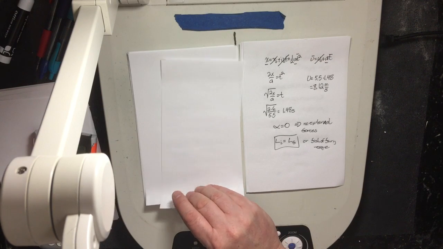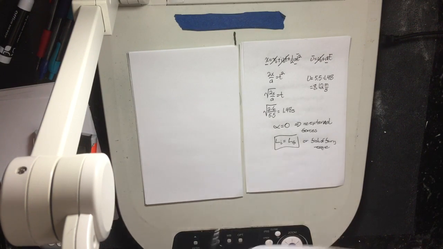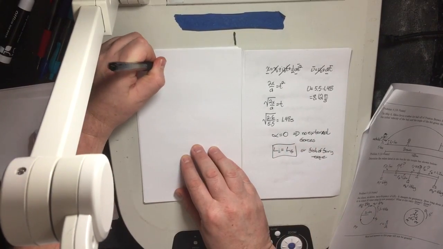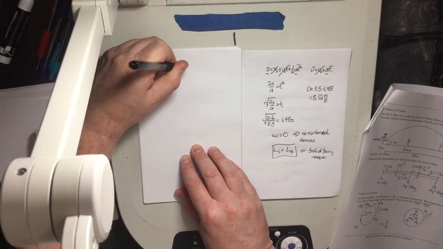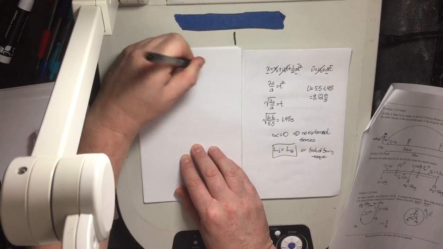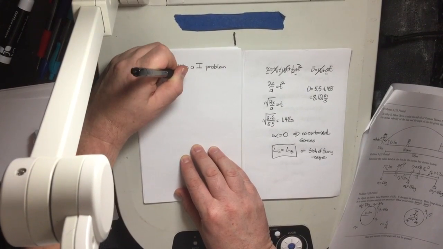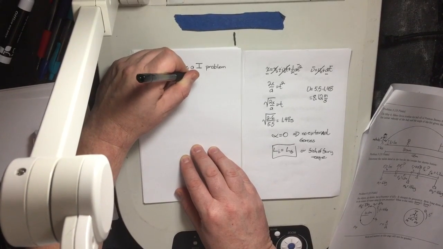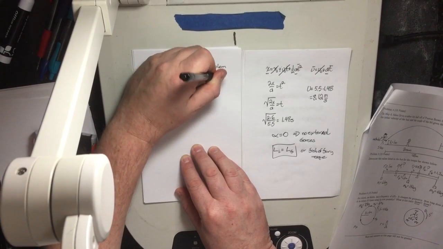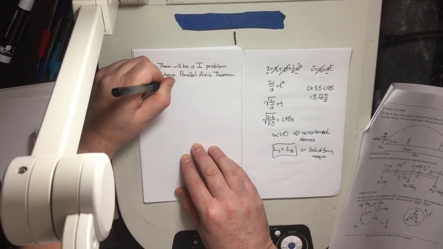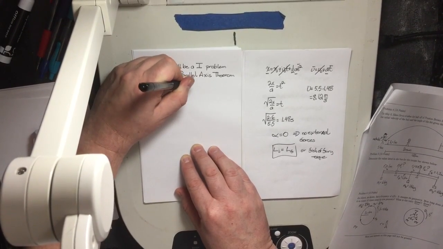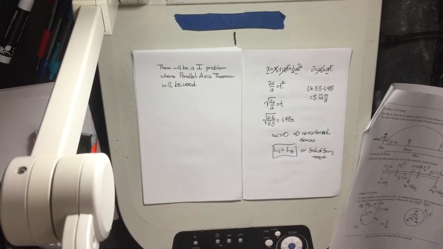I'm not sure which one, but I will say as a bit of advice, there will be a moment of inertia problem, part of a rotation problem, or maybe just simply a standalone problem, where you'll have to calculate the moment of inertia, and you will have to use the parallel axis theorem.